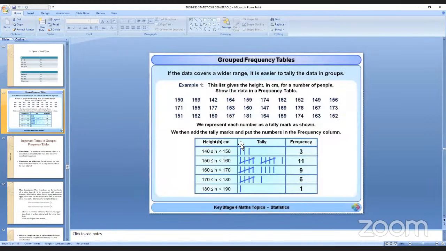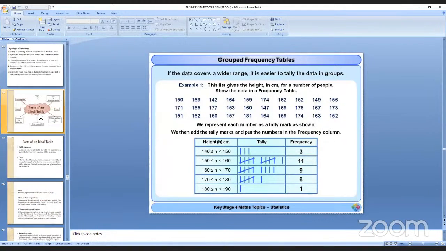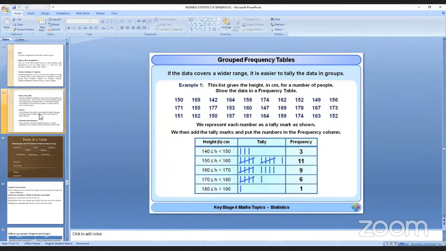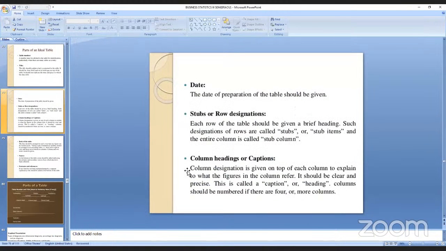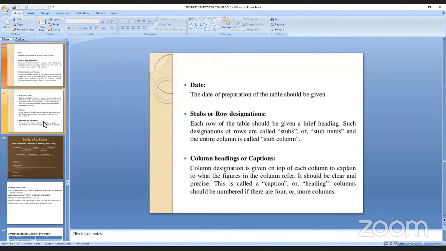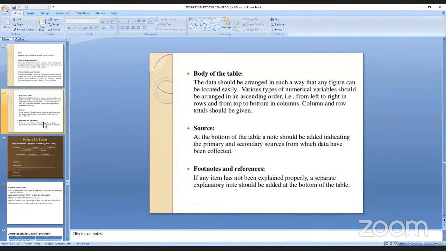Here also we are giving, this is a height, a tally and the frequency. That is a caption that should be given. And the next is the body of the table. What the table contains should be arranged in such a way that the figures can be located easily.